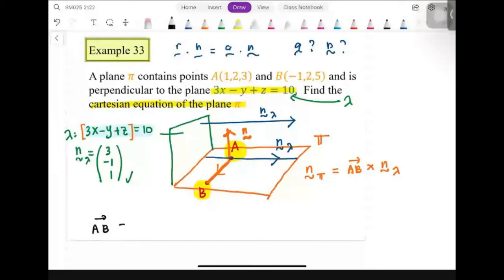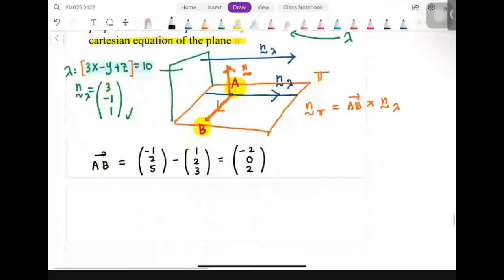In order to find AB, remember OB minus OA. Ini jangan buat salah ya. OB minus OA. So, it should be negative 2, 0, 2. Negative 2, 0, 2. Okay. So, settle for that direction vector, baru saya boleh cari normal for pi.